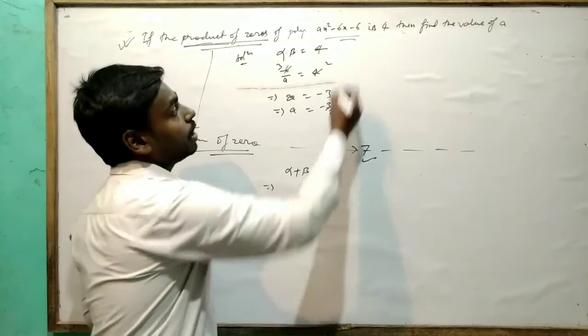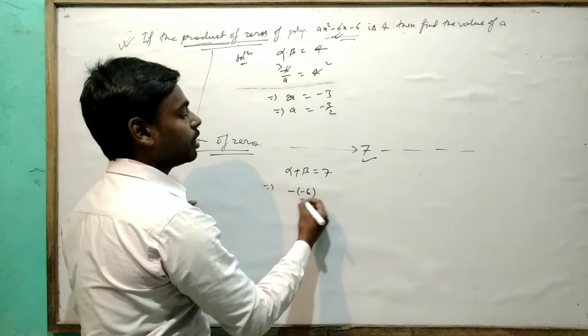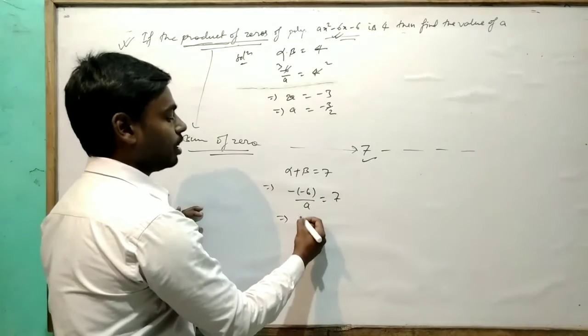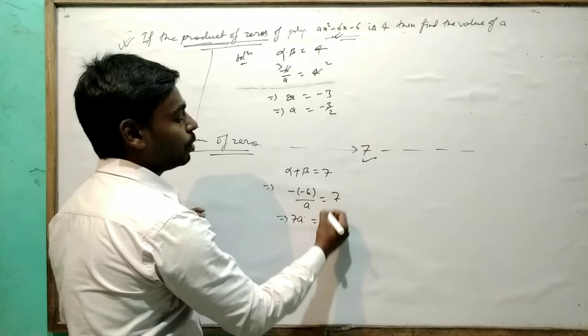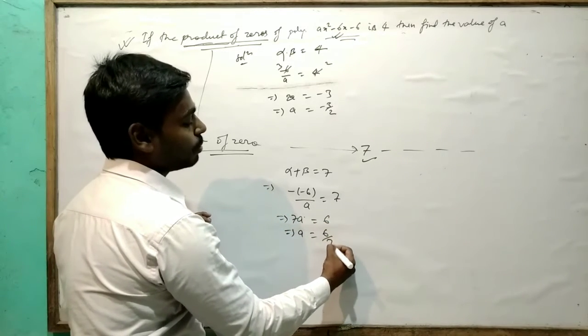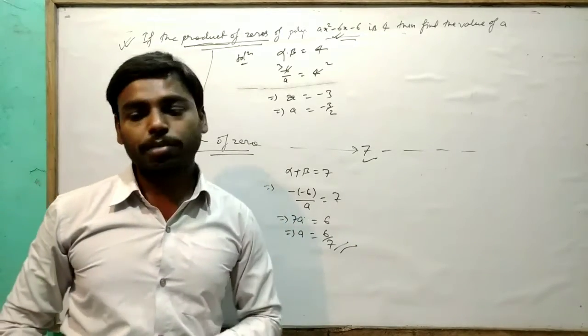Minus b by a is minus of minus 6 by a, that is 6 by a, which is equal to 7. Then 7a is equal to 6, and a is equal to 6 by 7. This we get. Okay, we see the next example.